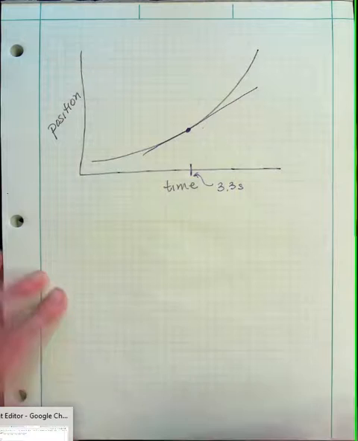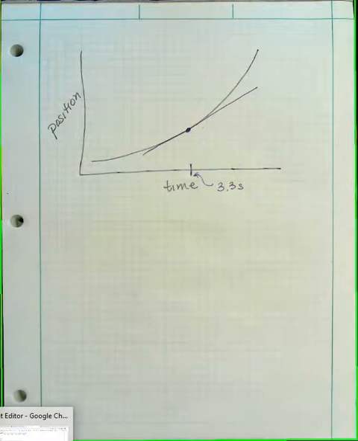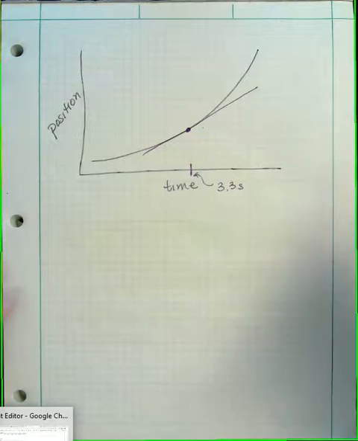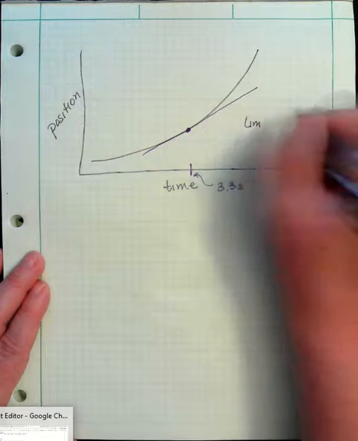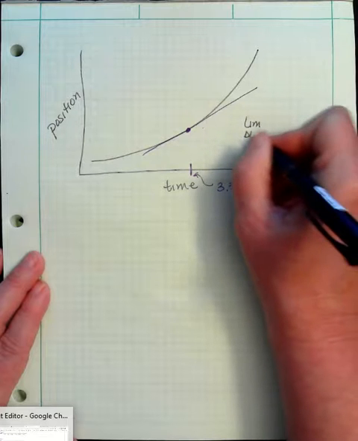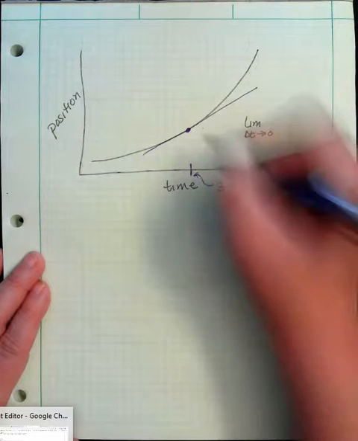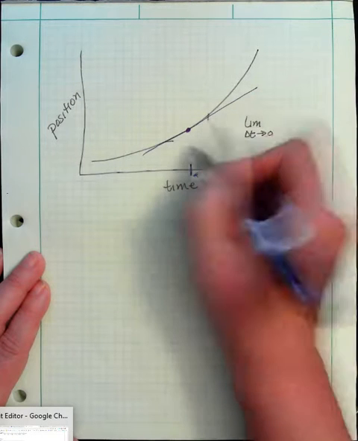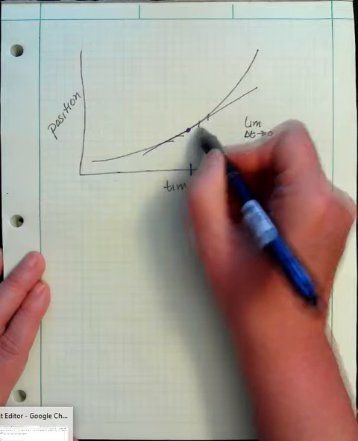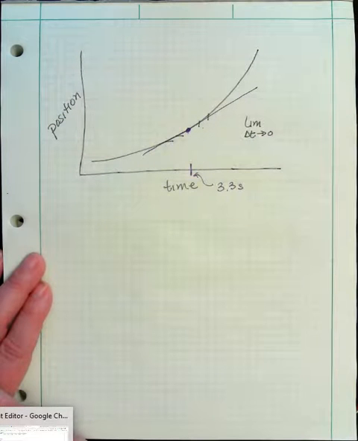Now, if I'm moving into calculus, or some other mathematics, we even talked about this in the book and a little bit in class, I'm looking at the limit as my change in time approaches zero. So I'm looking at varying intervals, but getting closer and closer to that particular point.